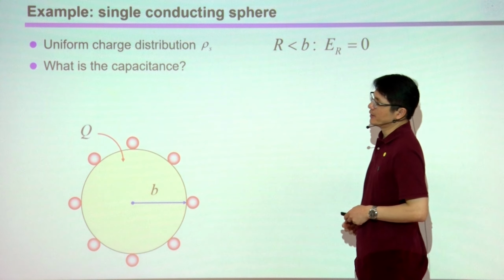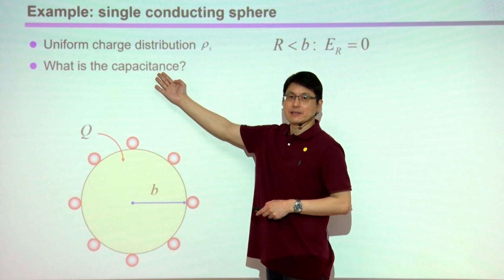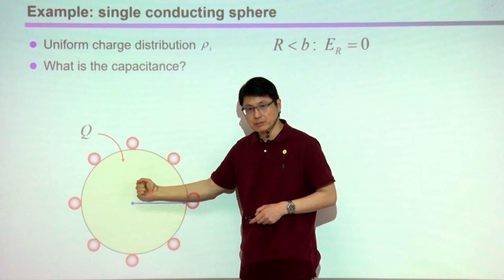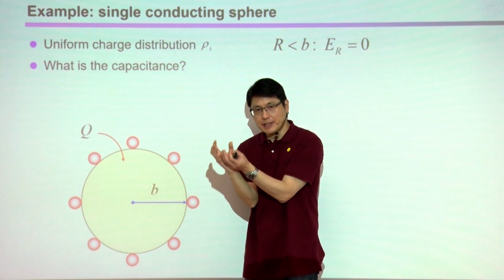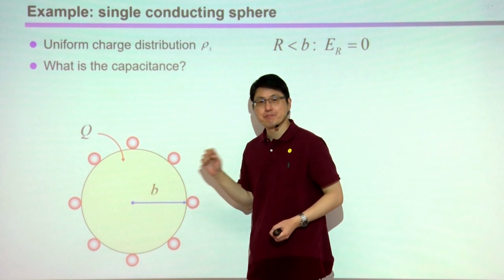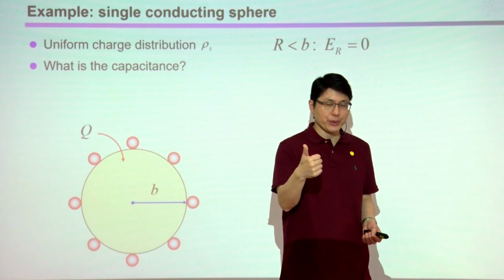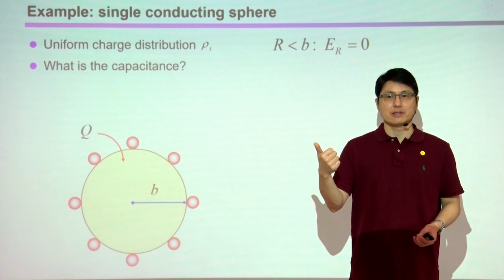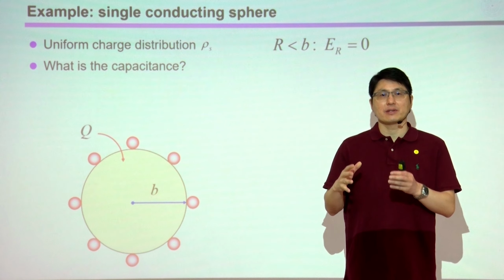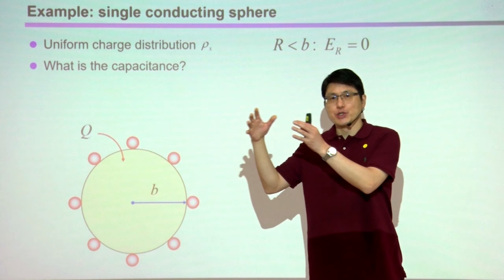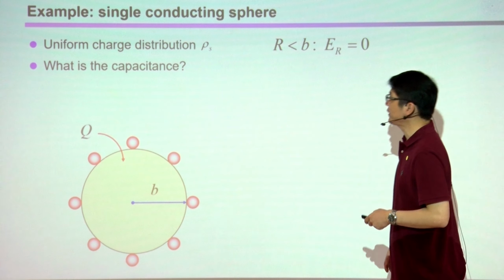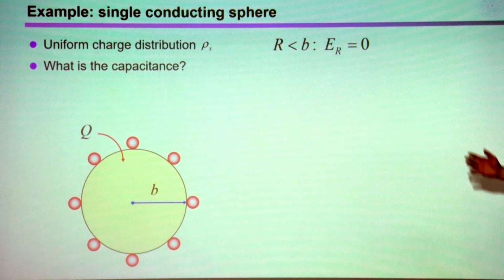So for this guy, what is its capacitance? This is a perfect metal molded in the form of a sphere with radius b. So material is determined, geometry is also determined. Then it should have its unique capacitance value. Right? So how to analyze it?